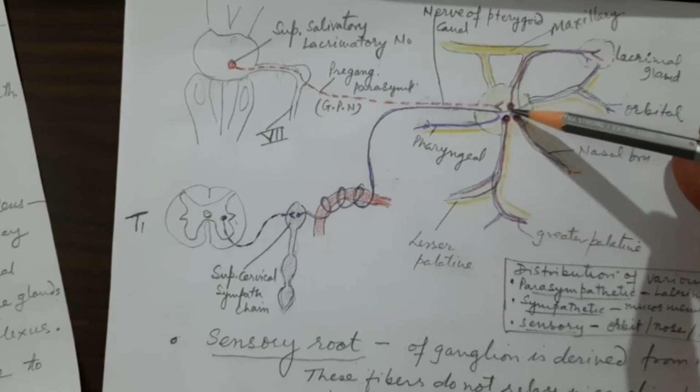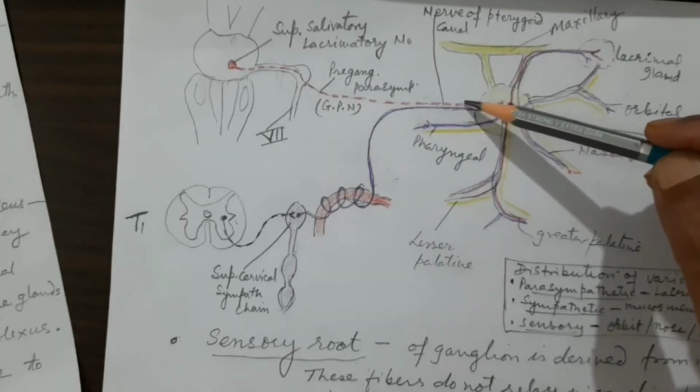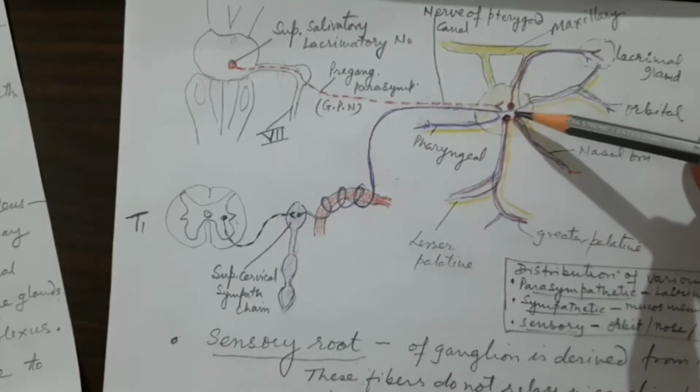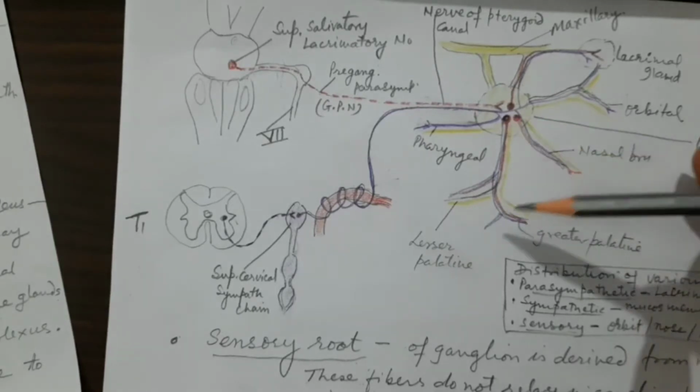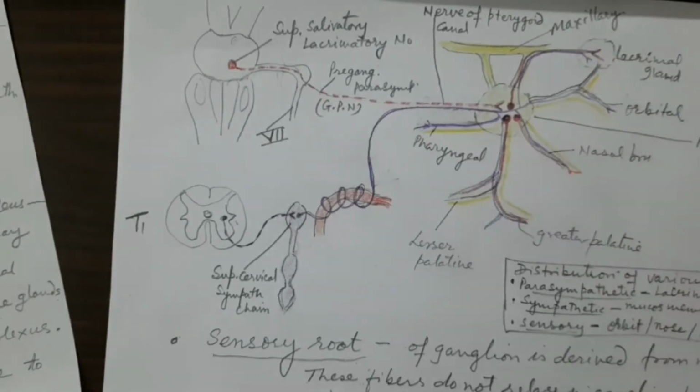The only relaying fibers are the parasympathetic, because in this ganglion the postganglionic parasympathetic neurons are situated, which give the postganglionic fibers that go to the various glands.